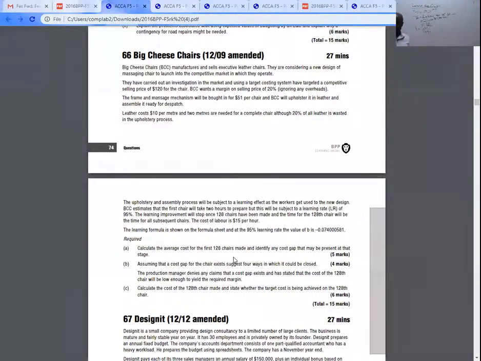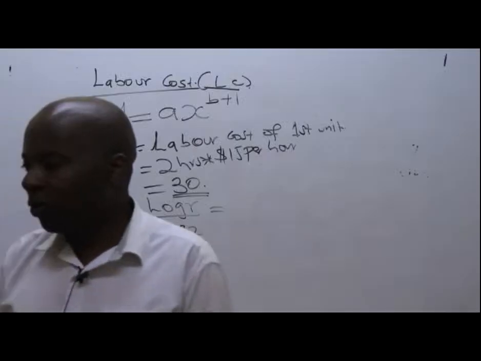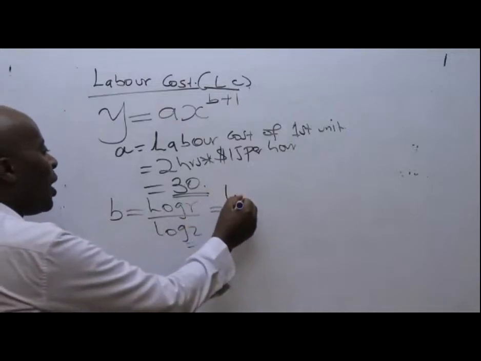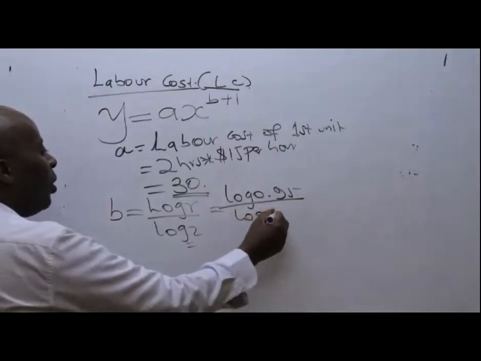So has this examiner given me the learning rate? Oh, yes. He's told me it's 95%. So we have log of 0.95 all over log 2.